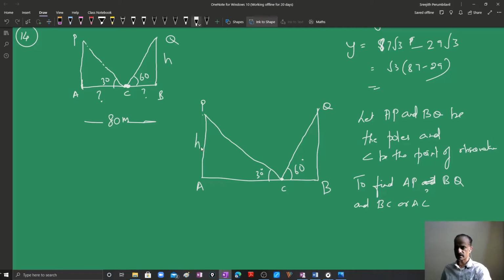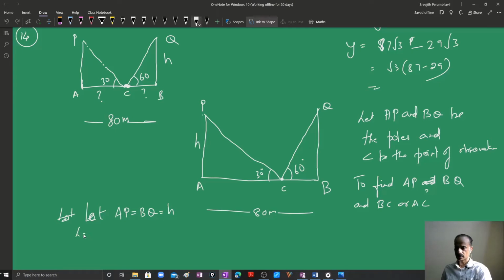So we'll take this as H. Let AP equal BQ equal H, and the total distance is 80 meters.